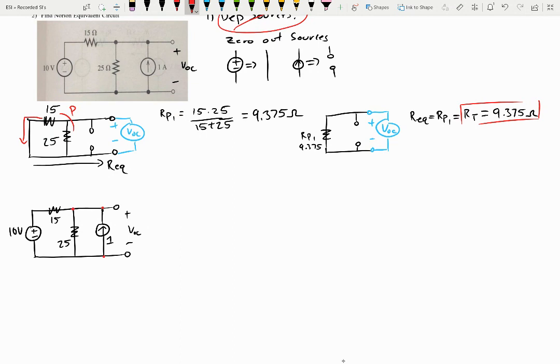So there, so that has the same voltage as right there, which has the same voltage as right there. And we know that this voltage will have the same voltage as right there, will have the same voltage as right there. So if we can find this voltage drop across this resistor, we can find the open terminal voltage.